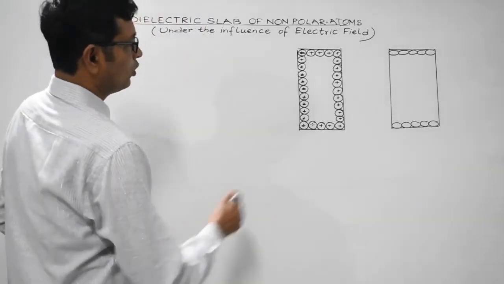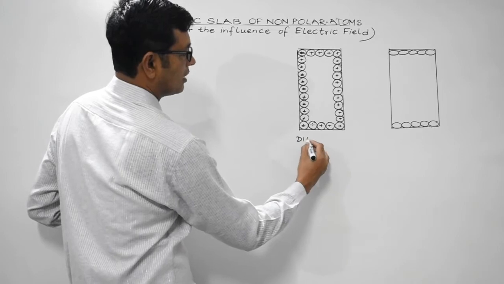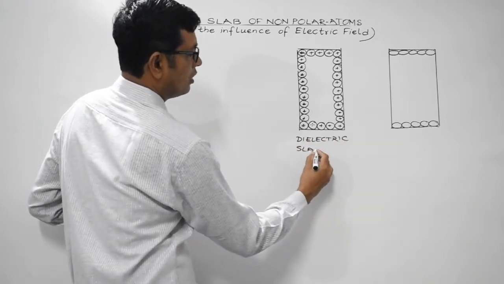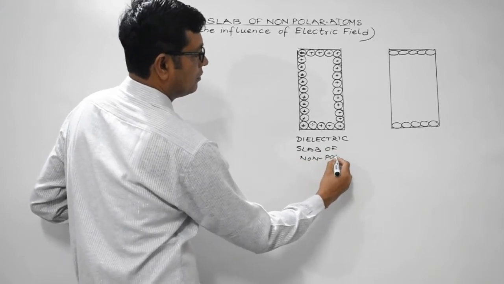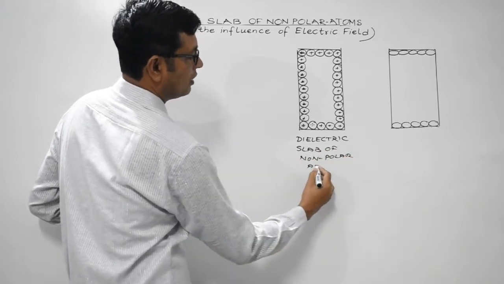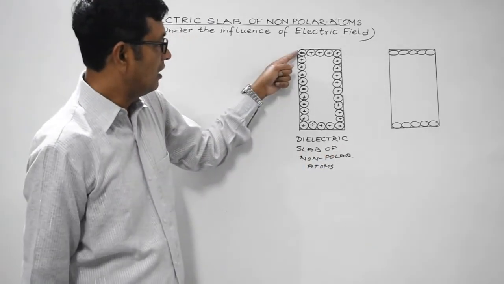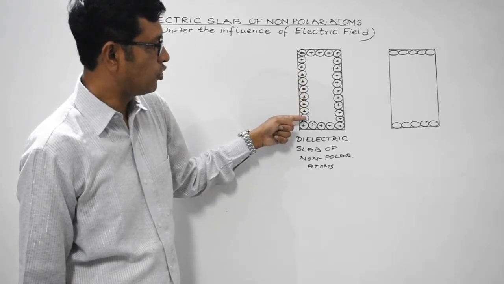So students, suppose this is a dielectric slab of non-polar atoms. Now non-polar atoms means there is symmetrical charge distribution in each atom.